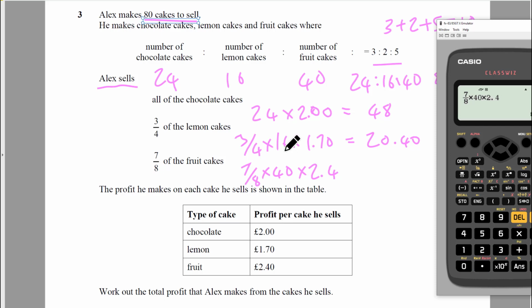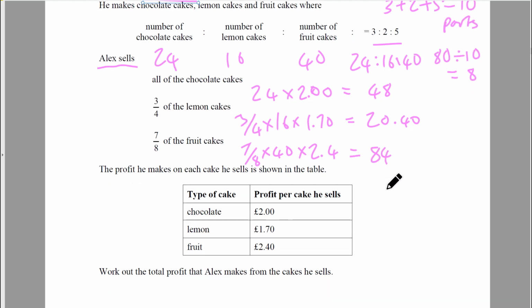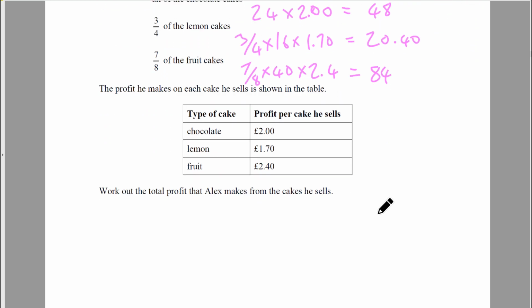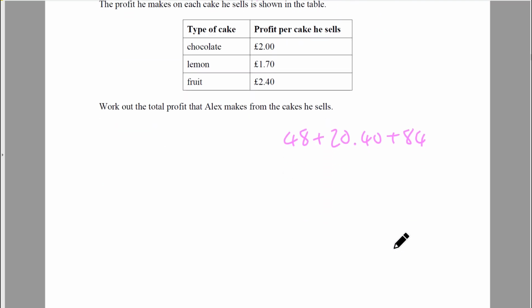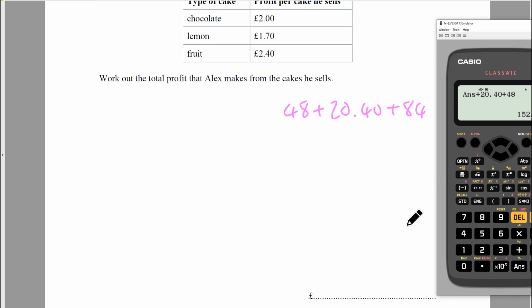That's all our working out marks, method marks, equals 84. That is the total profit. So we just need to add those figures together. £152.40.